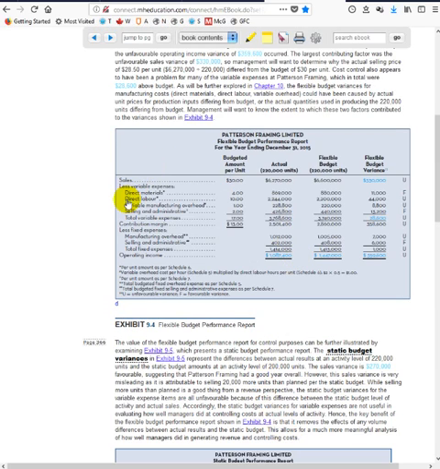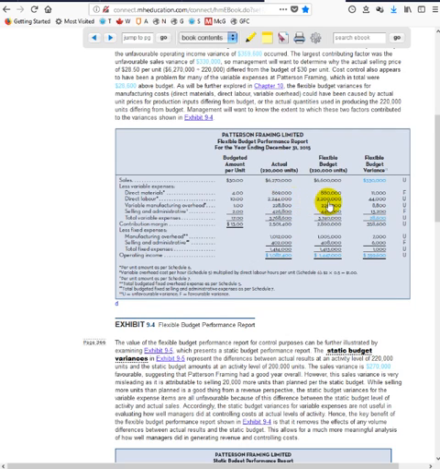We're basically comparing the actual results to the flexible budget, what we would have predicted at the 220,000 units of activity, and then the variance is unfavorable or favorable. We determine that by comparing the actual column to the flexible budget column. So a lower sales value is unfavorable, a lower cost value is favorable.